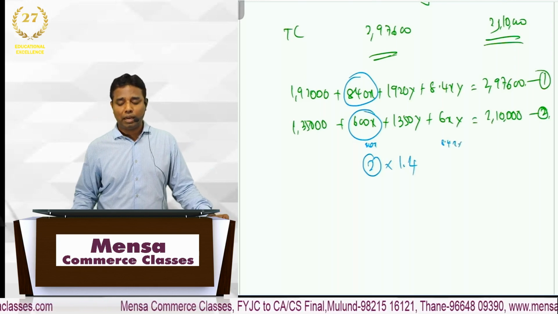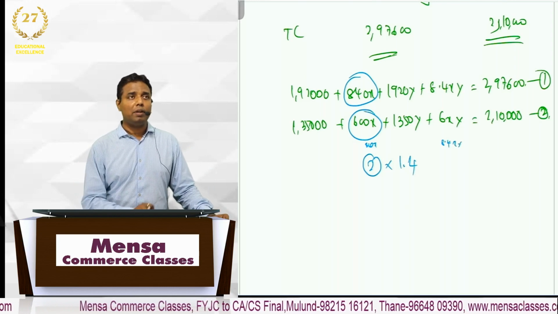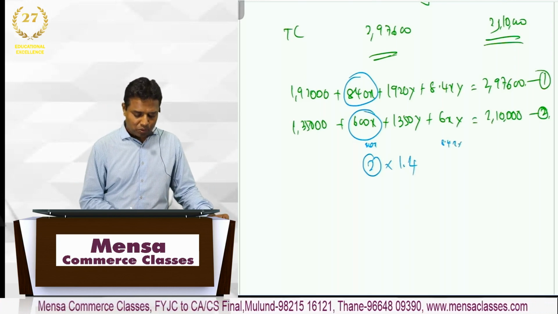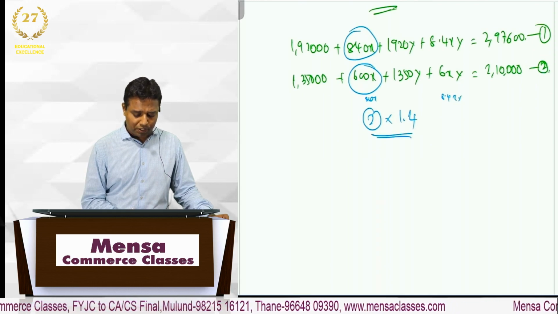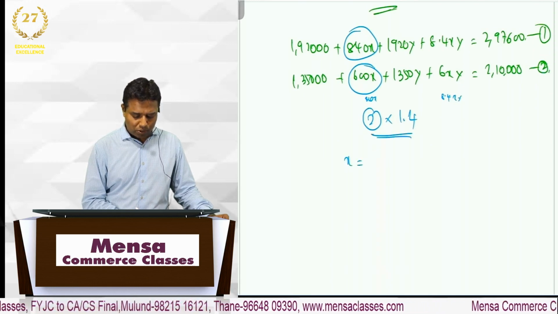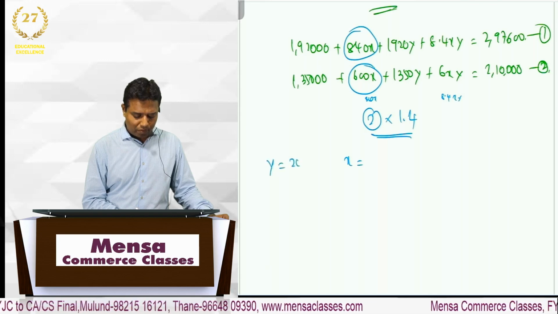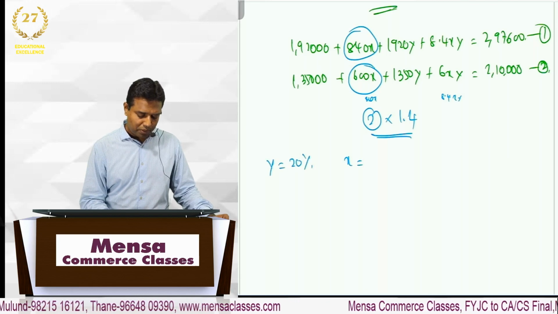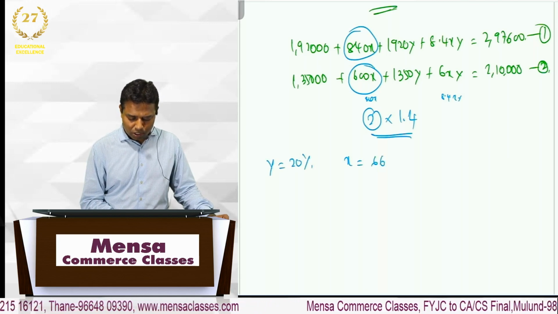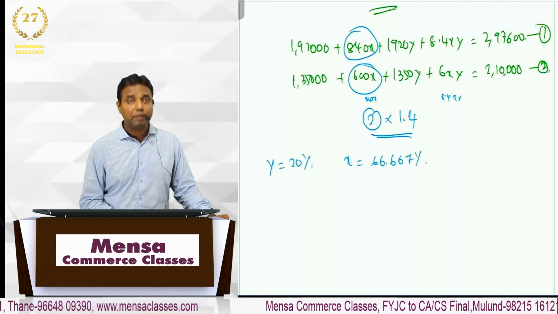Put the value of y in equation 1, you will get the value of x. So solve equations 1 and 2 by this multiplication. First you will get y, which will be 20%, and you substitute the value of y as 20%, and you will get x which is equal to 66.67%. Okay.